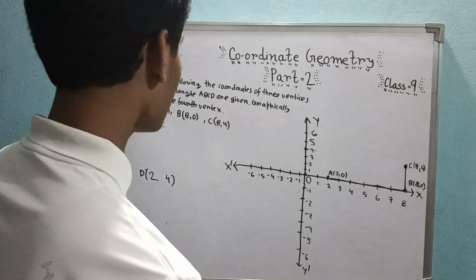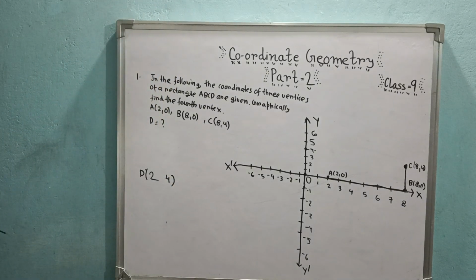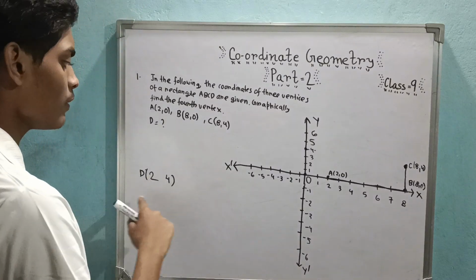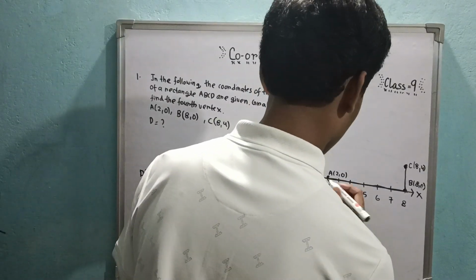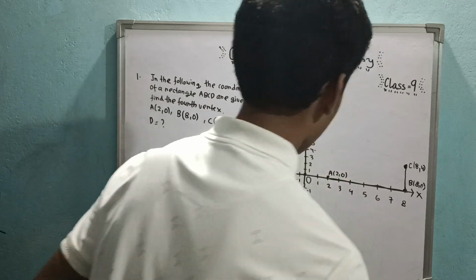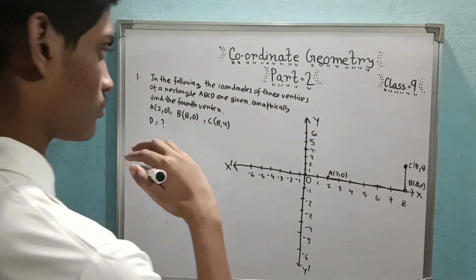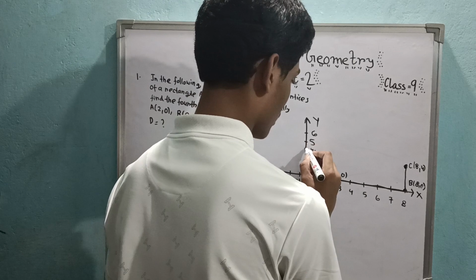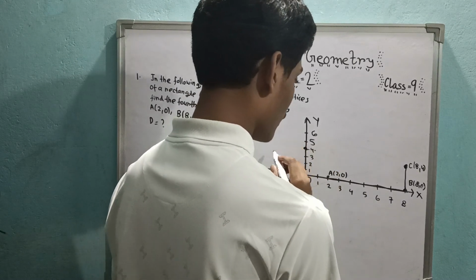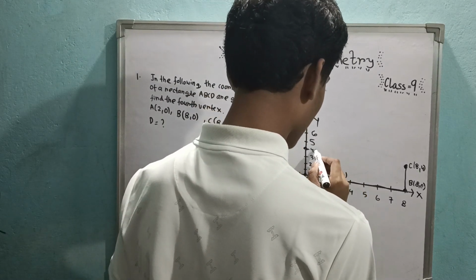So, does the coordinate come to be (2, 4)? Let's check. (2, 4) means 2 units on the x-axis here and 4 units on the y-axis. Check where these two intersect.